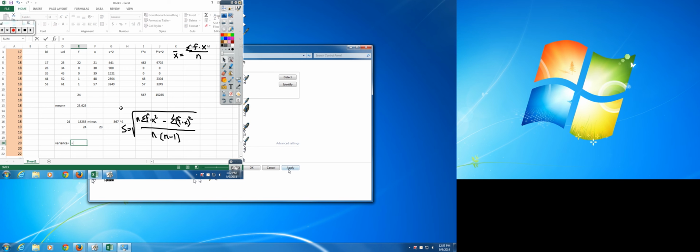So that's going to be equal to 24 times that number, minus this number raised to the 2nd power, over 24 times 23. That's what your numbers should look like on the second step.